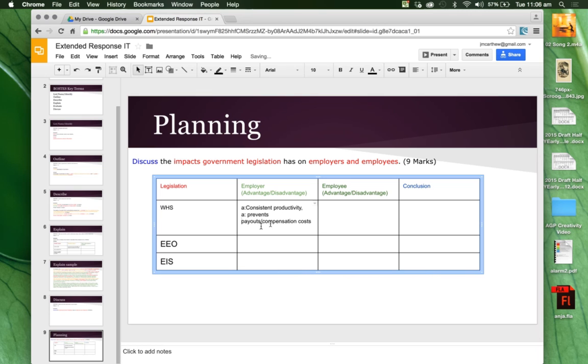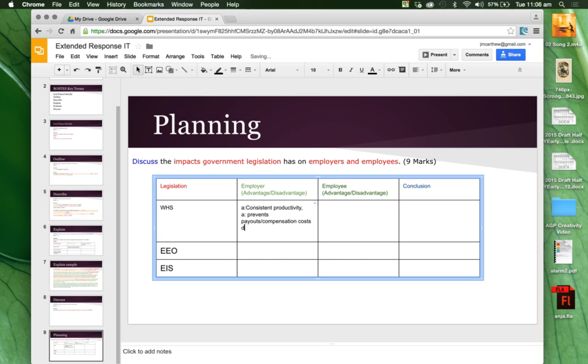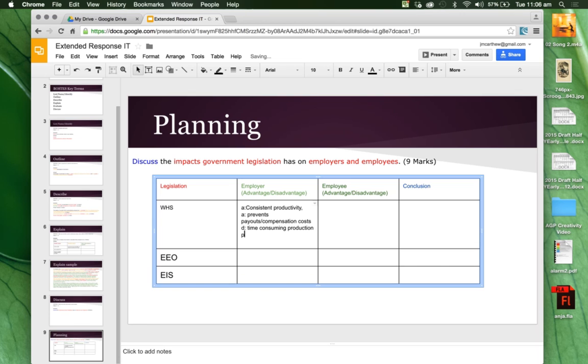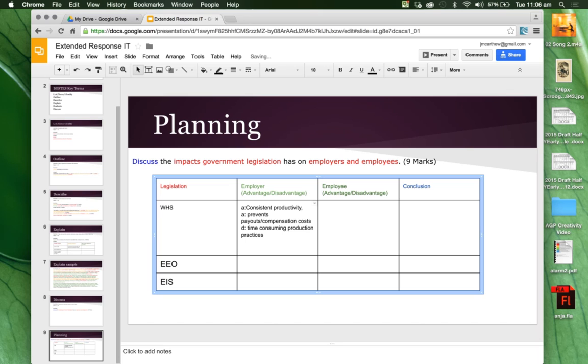No, it's got to go into 2 lines, that doesn't matter. All right. Now disadvantage. We'll say time-consuming production practices. Yep. Costly to implement.